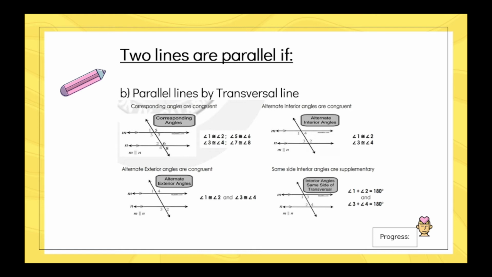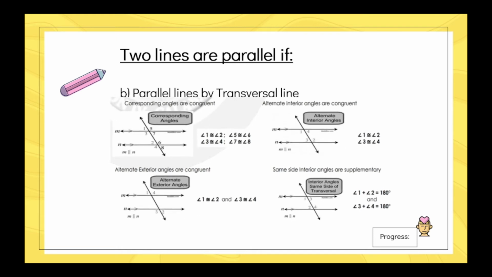While sa same side interior or same side exterior, the angles are supplementary. Meaning to say, if you add the two same side angles, it must be equal to 180 degrees. So, yun ang difference. And pwede nyo balikan yung ating video for week number 3 ng 4th quarter. Nandun yung mga theorems and postulates about these parallel lines cut by a transversal.